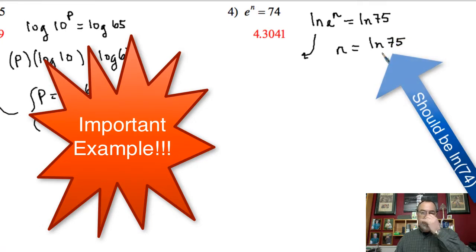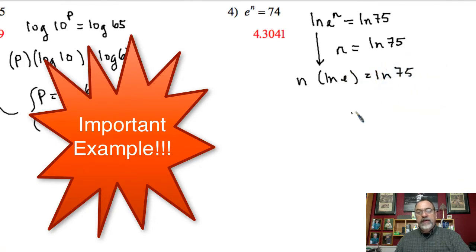So you'll notice there's a step that we can skip there. We could go through the process and end up with the same answer, but that's a bit of a shortcut here. We could apply the power property, n natural log of e equals natural log 75, and then divide by natural log of e.